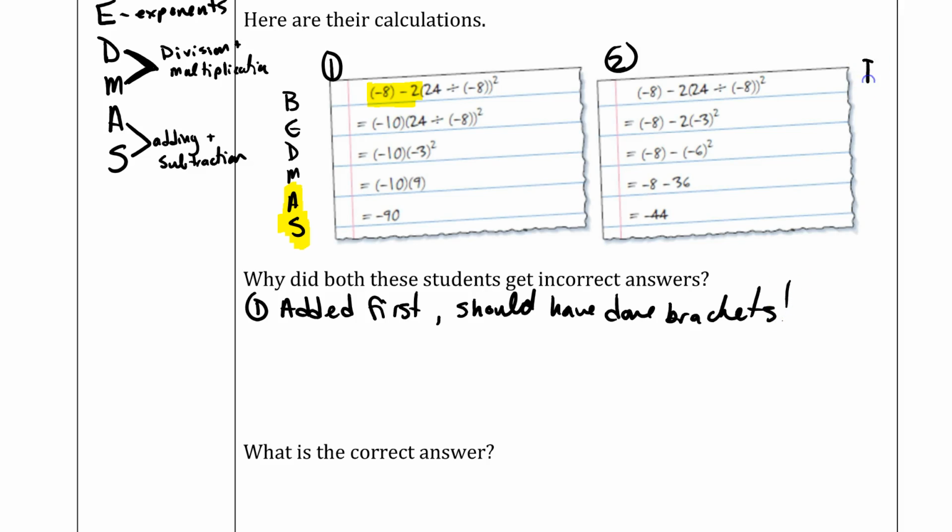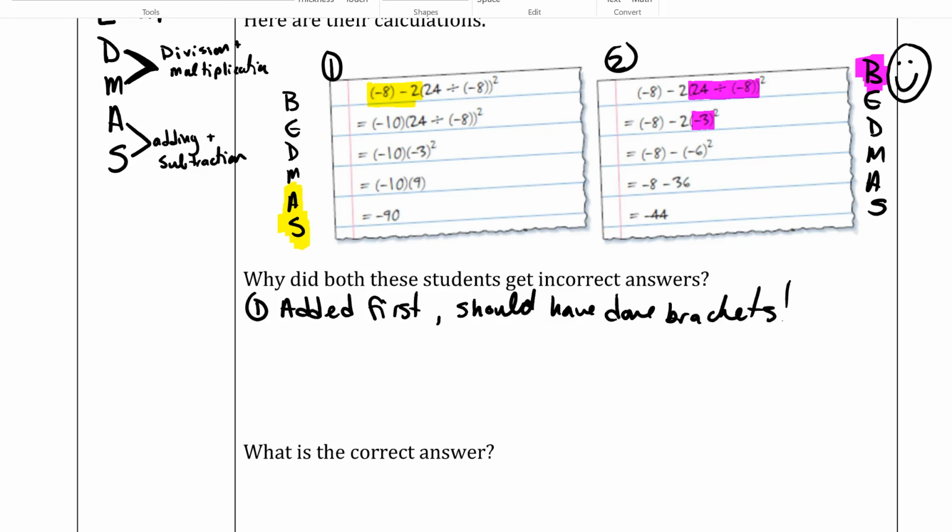So let's write BEDMAS again for student 2. Let's take out our highlighters again. The first thing the student does is division in the brackets, which makes me feel really happy. Good for you, student. That's really great, because you should do that.